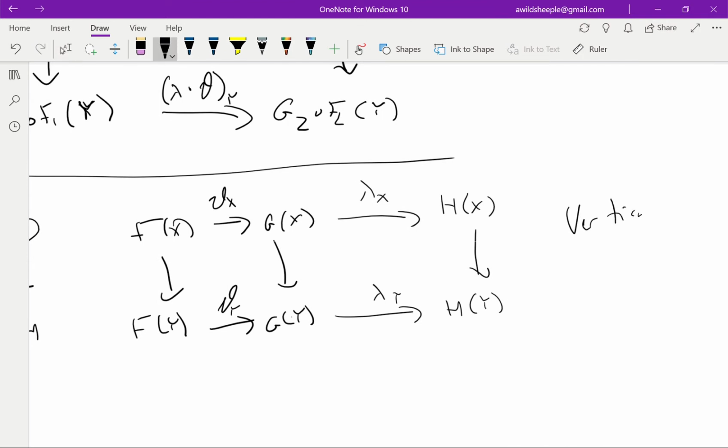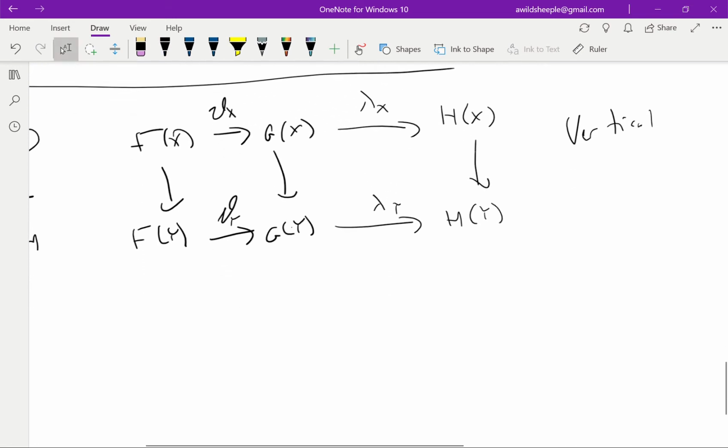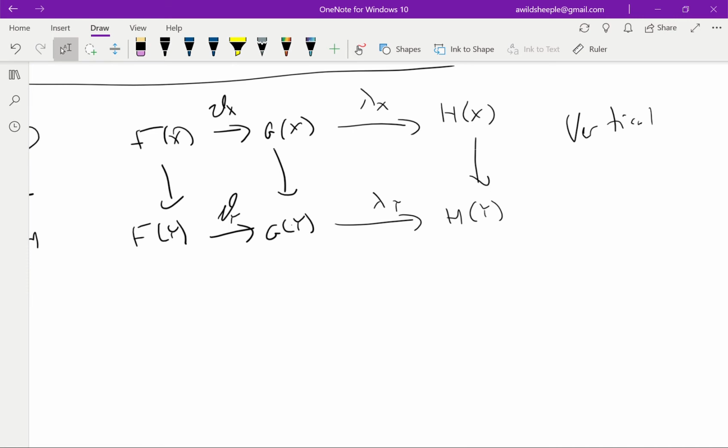Now I know that I've shown you this, and now you're immediately angry with me because for a vertical composition, it looks like I've drawn these diagrams horizontally. So let me do what I said I would and explain where this notation and terminology comes from. When one is dealing with natural transformations, it's common to make diagrams that look like commutative diagrams, but are at the level of functors.